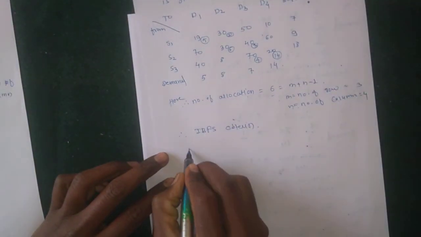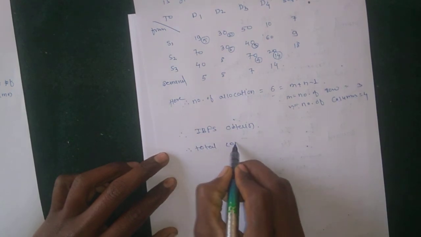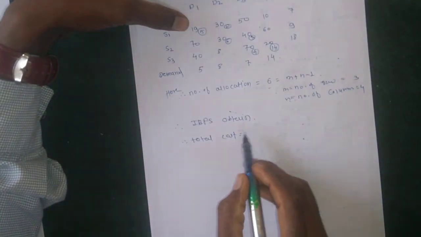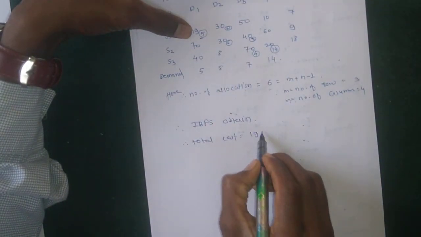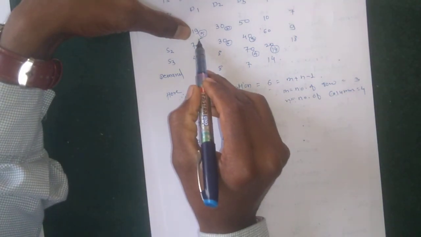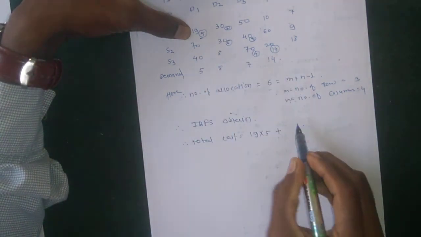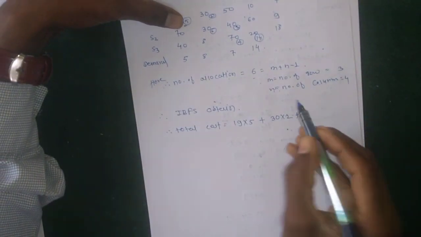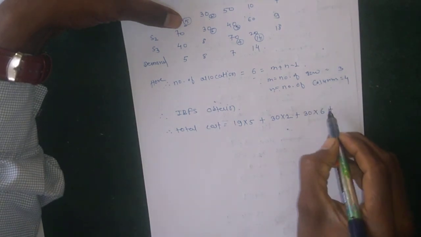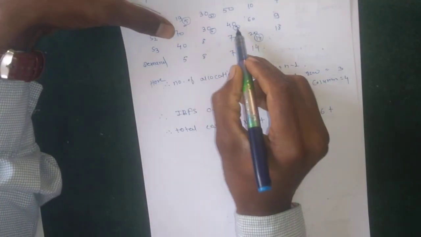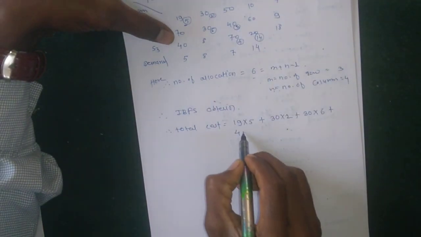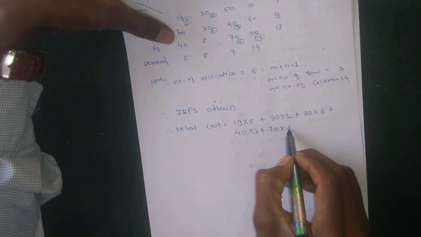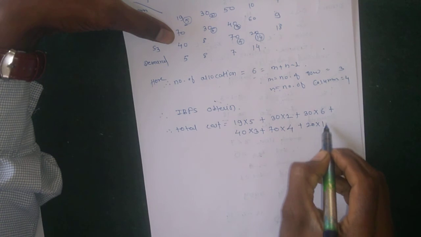How do we find the cost? Total cost is equal to the values of the occupied cells times their allocations: 19 into 5, plus 30 into 2, plus 30 into 6, plus 40 into 3, plus 70 into 4, plus 20 into 14.